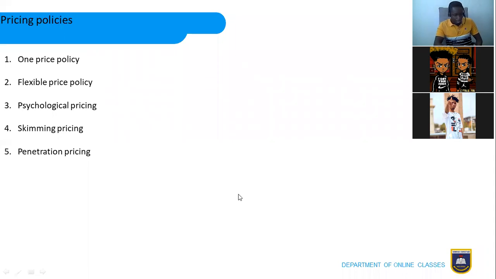All right, then let me move on to the next pricing policy, which is skimming pricing. When we're talking about skimming pricing, this is where a business decides to fix a high price for their product, and it must be taken into consideration that this product is new.